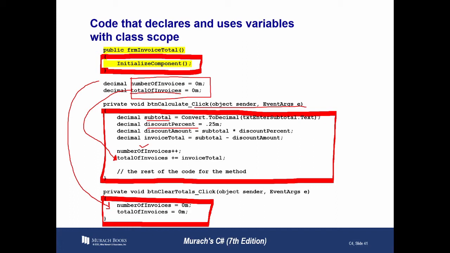I couldn't now go outside of that block and try and use subtotal. I would be prevented because it would be outside of the local scope of the click method. Because this is global, I can see it anywhere. But because this is local, the only place I can see it is inside the block. What happens inside the block stays in the block, okay?